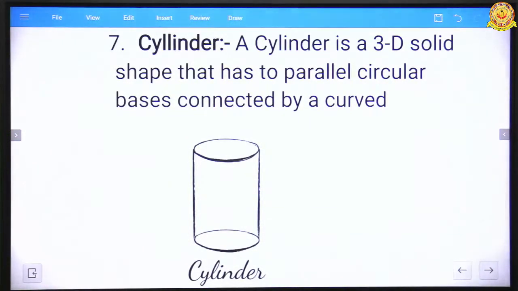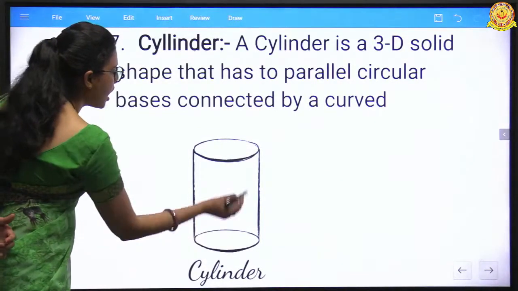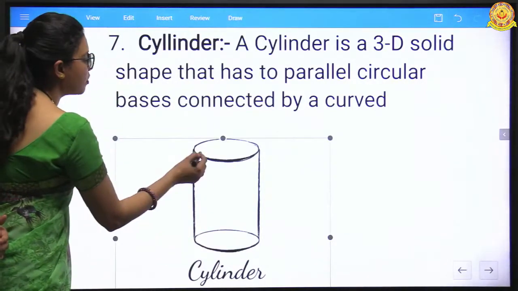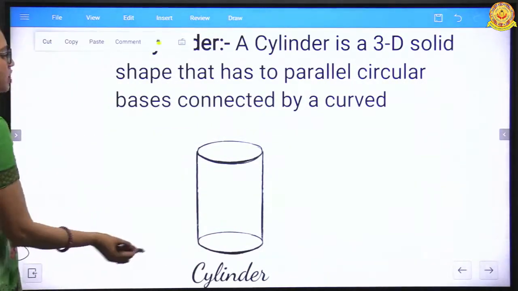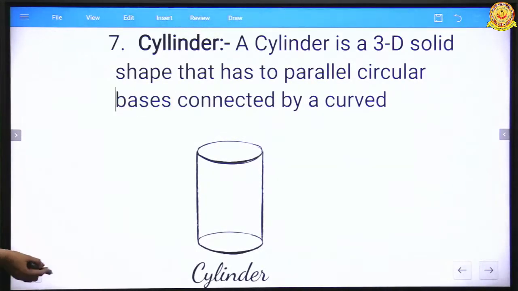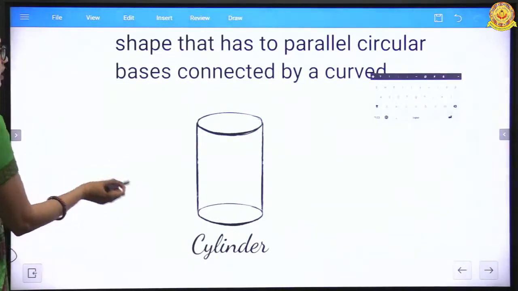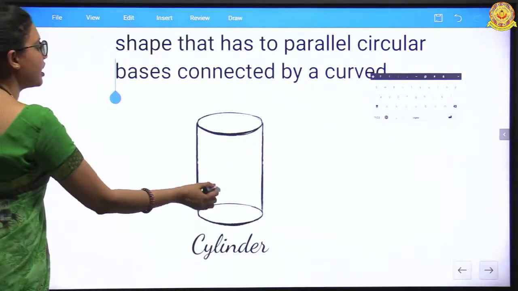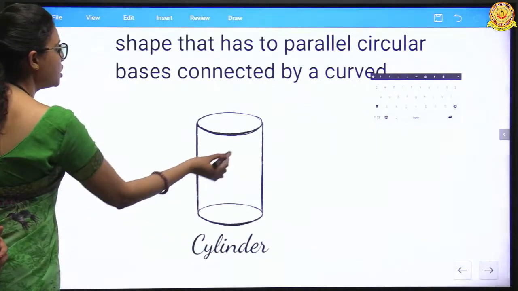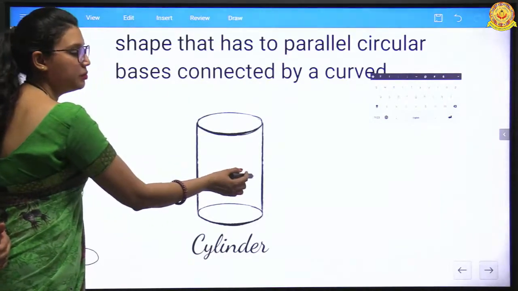Its circular bases are parallel. From the downward side and upward side, both the circles are parallel. And both circles are connected by 2 lines, which are also called edges. These lines are also parallel.